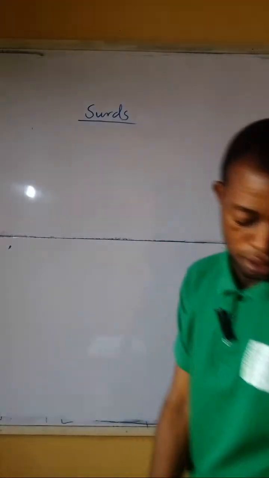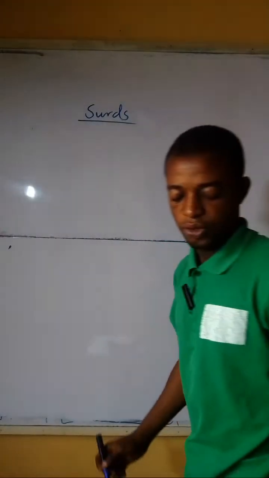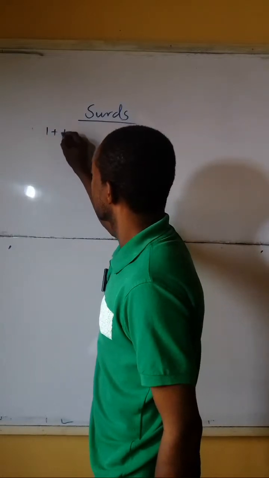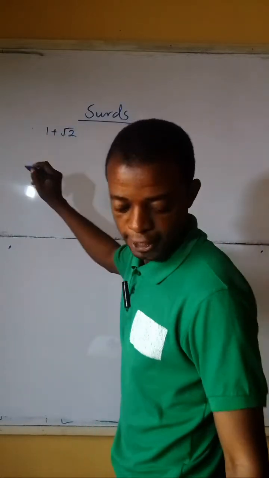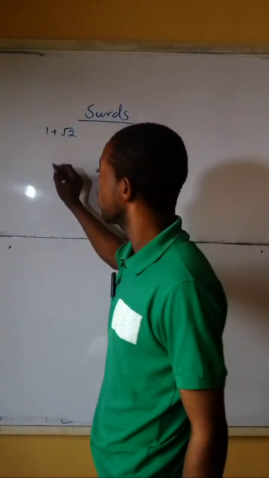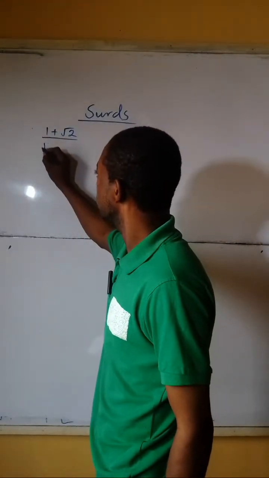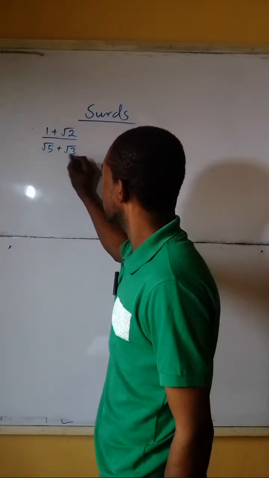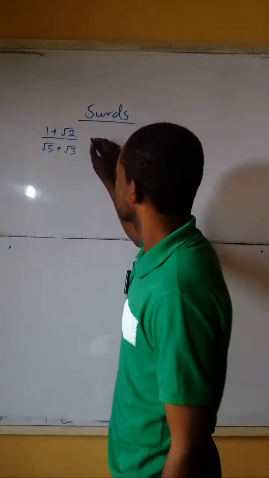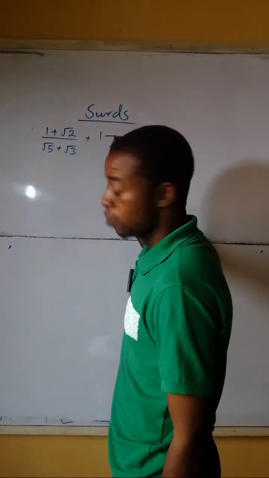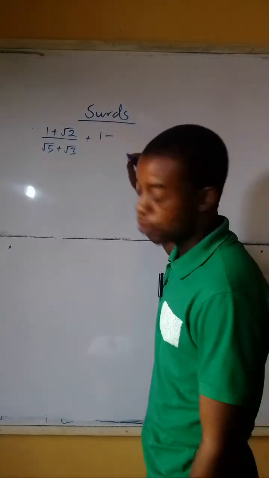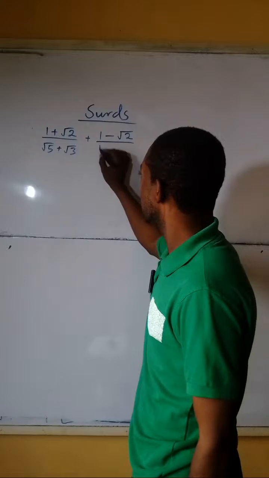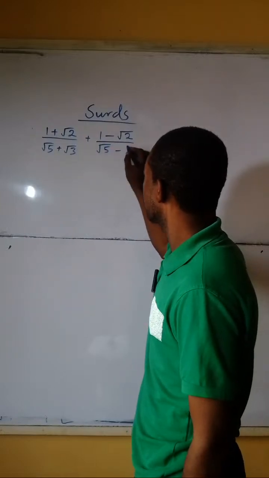That is, we also simplify (1 plus root 2) divided by (root 5 plus root 3), plus (1 minus root 2) over (root 5 minus root 3).